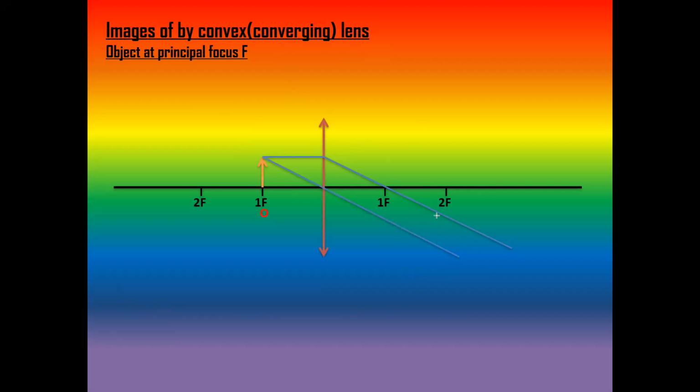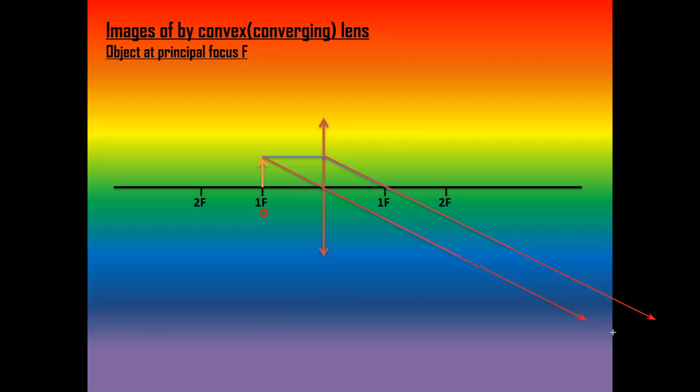You can see the distance between the lines is decreasing, so they will intersect gradually, but far away from the lens. So the image will be formed at infinity.